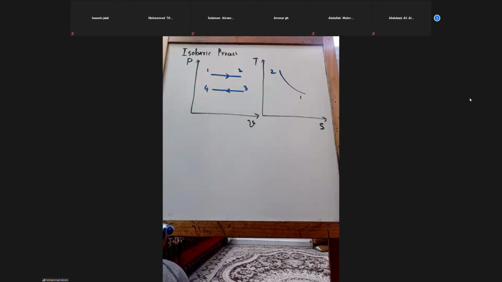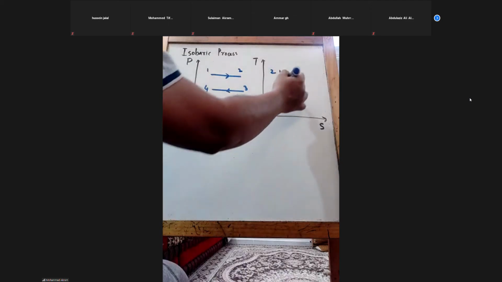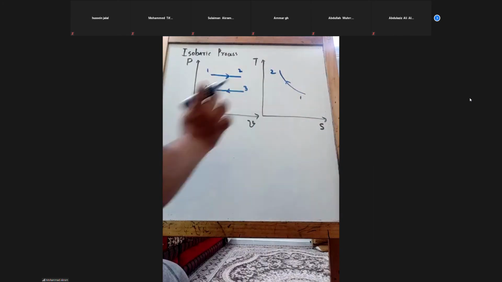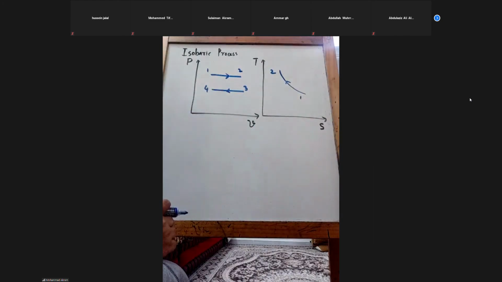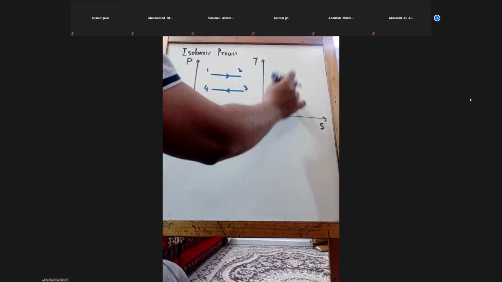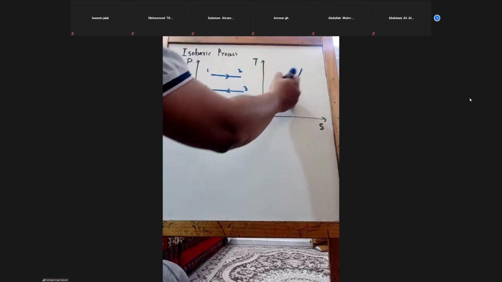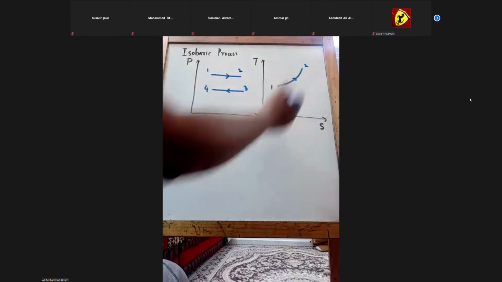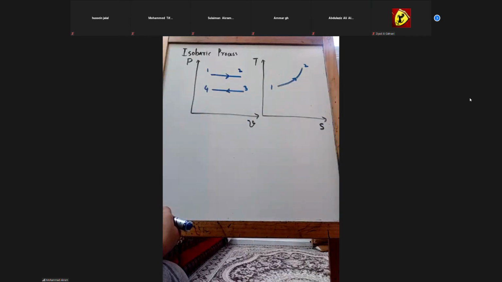Because it's decreasing. Yes, very good. So 1 to 2 here, temperature is increasing, but entropy is decreasing. This is not possible. So how should it be? It should be like this, 1 to 2. The temperature is increasing as well as entropy is also increasing.